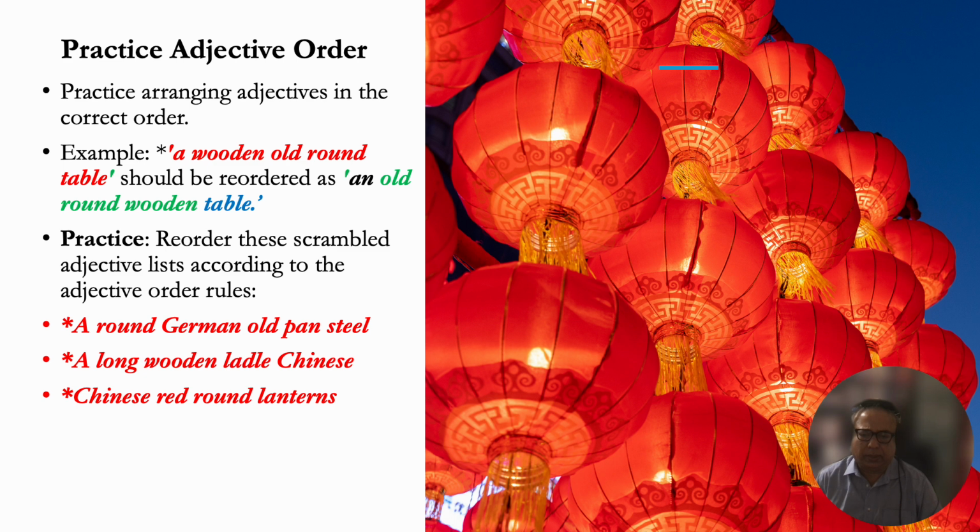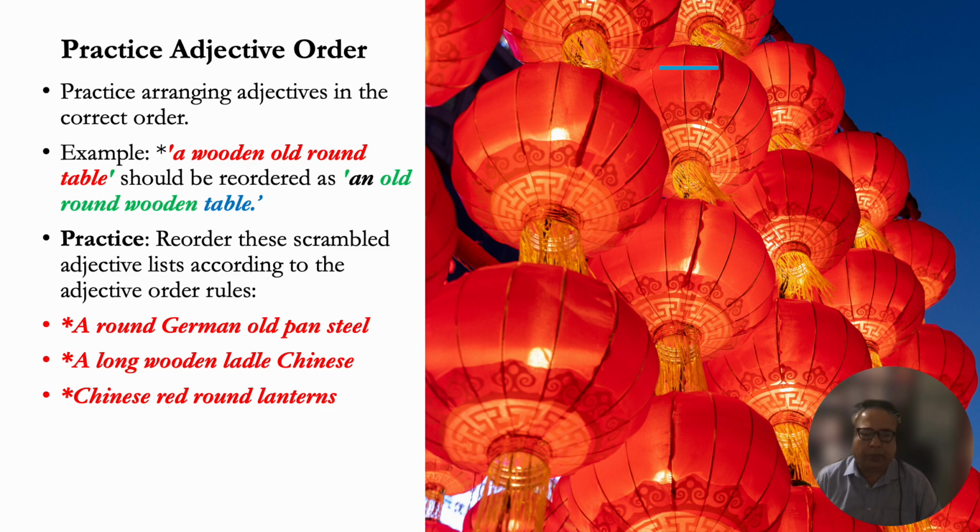Let's do a small activity just for a little fun, and then we will do an exercise that includes all 8 adjectives. A wooden old round table obviously is wrong. It should be reordered as an old round wooden table. Okay?